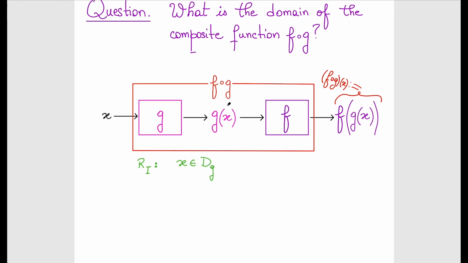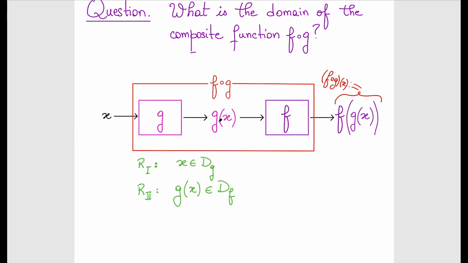And what does it mean for that guy to be accepted by f? It means that it should live in the domain of f, right? So that's requirement number 2. You need this guy, which is g of x, to be accepted by f, which means it should live in the domain of f, correct?